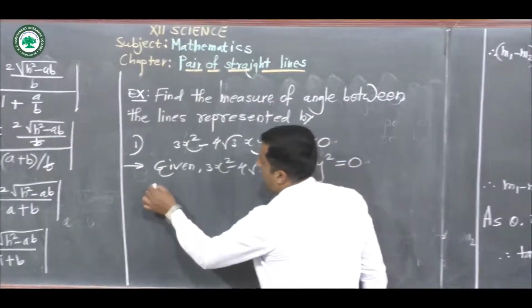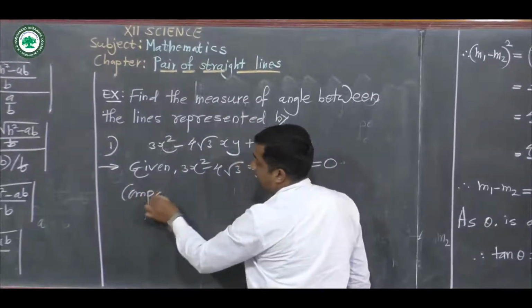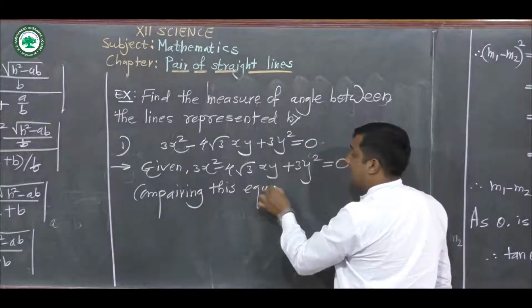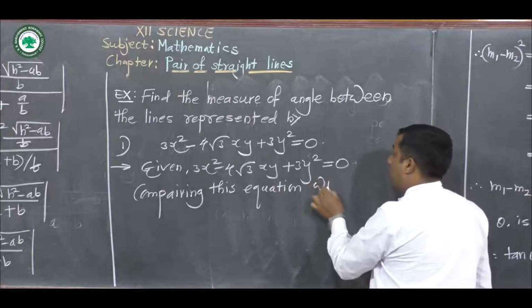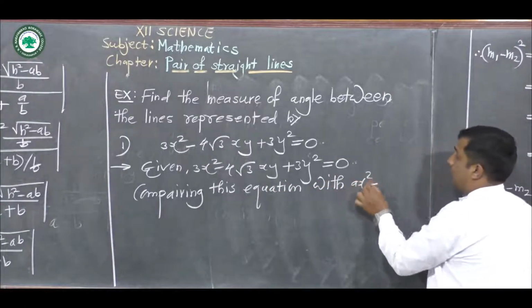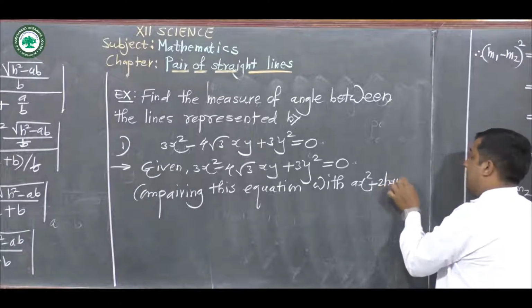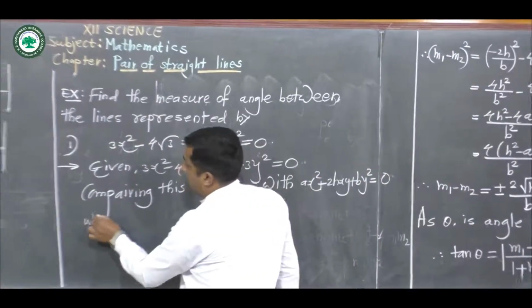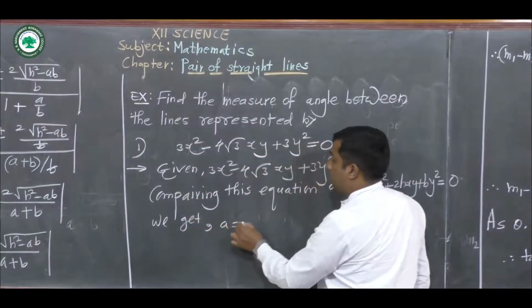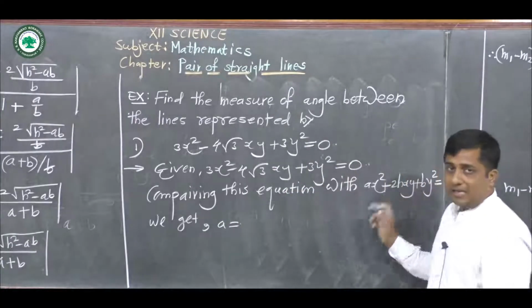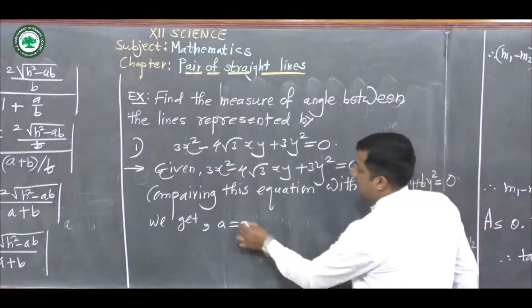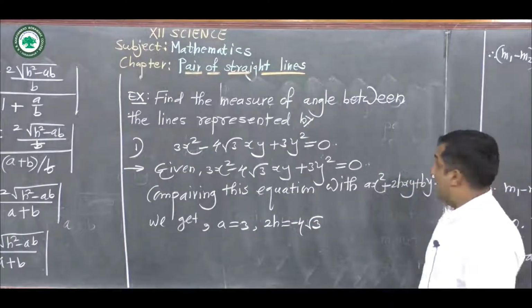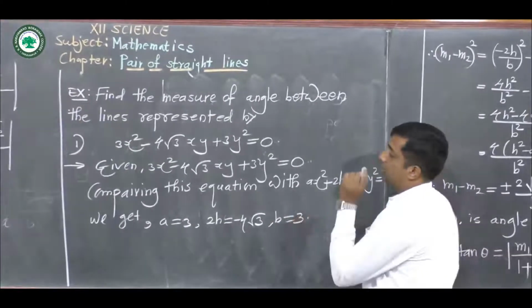Comparing this equation with our second degree homogeneous equation ax square plus 2hxy plus by square is equal to 0, we get a is 3, twice h is minus 4 root 3, and b is equal to 3.